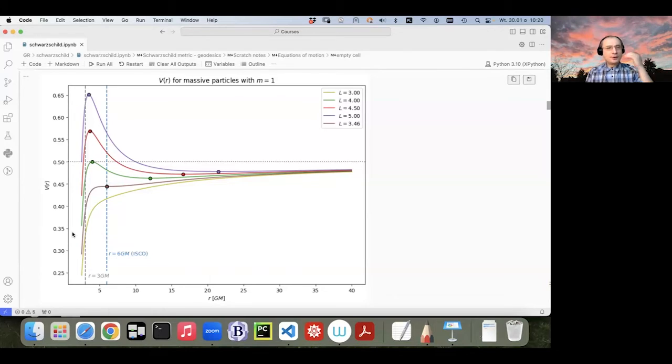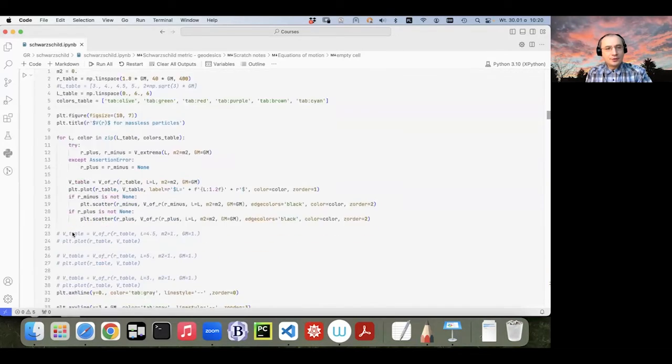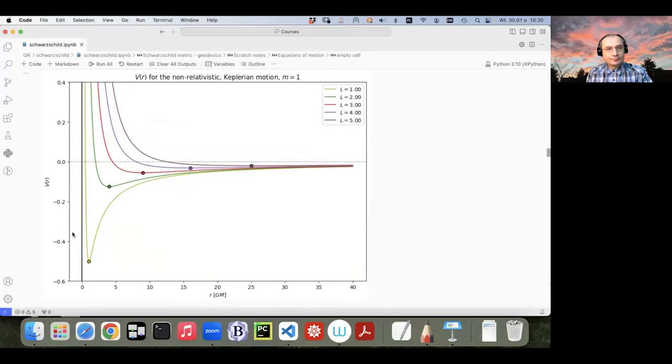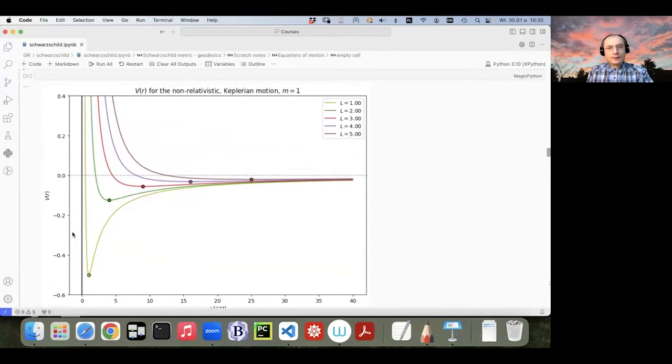This is in contrast with the Keplerian situation. Let me show you the Keplerian motion. If you make the same plot for the Keplerian motion, the motion in the Newtonian gravity with the 1 over r squared law force, the effective potential looks pretty much the same for large distances, but for small ones, it always contains an infinite potential barrier.